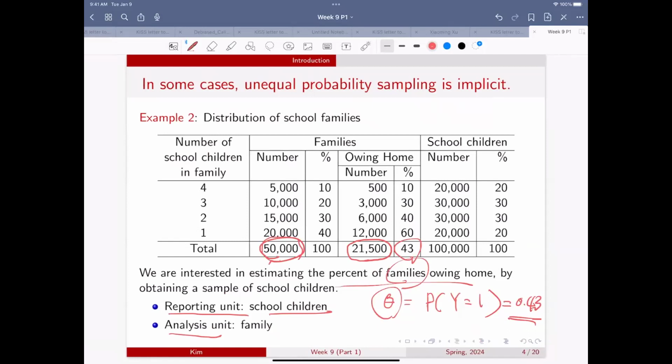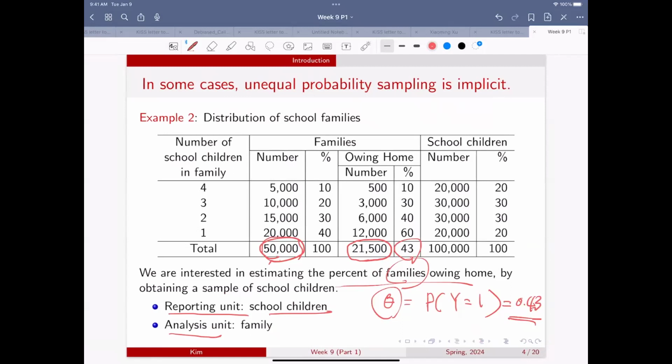We are not talking about sampling at this point. Suppose we ask all the students, okay? So suppose we collect the data at the family level, then we investigate the 50,000 families, and among them we get 43% owning a home.